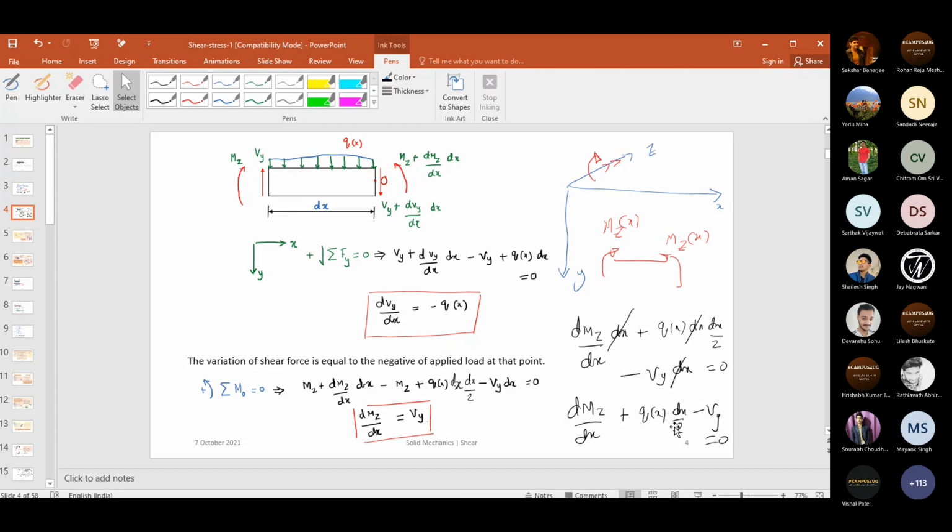Of course, if your dx is appreciable, then you can't neglect. But dx by its definition is very small. When you find dy by dx, what do you do? You consider two points on a curve.